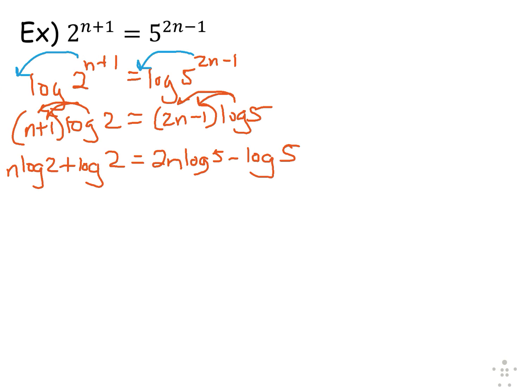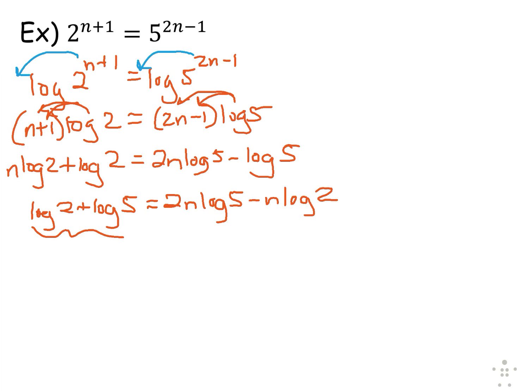And now I can move all the terms without n to the left and all the terms with n to the right. So I'll get the common log of 2 plus the common log of 5, and that's going to equal 2n times the common log of 5 minus n times the common log of 2.